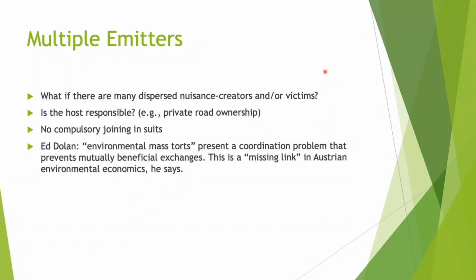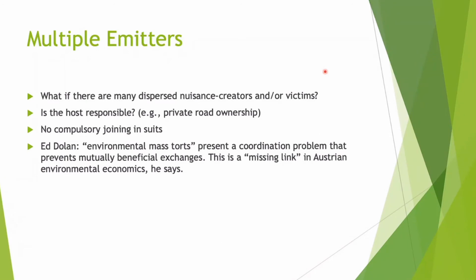Ed Dolan has, I think, an important article which has some problems with it, which I'm actually working on a response to myself, where he says, look, environmental mass torts are something that Austrian environmental economics isn't really handling very well, where you've got a lot of victims or a lot of polluters, and if there's not an easy way to join them together, like with private road ownership, then what do you do?